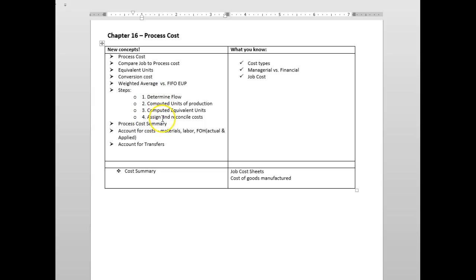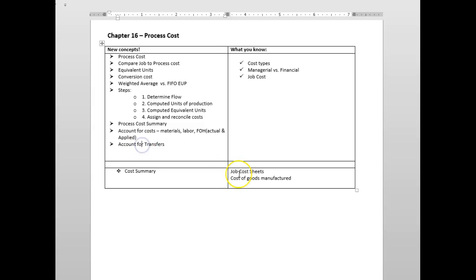When you get these 4 steps complete, you're going to be able to create a process cost summary. And you're going to account for cost in materials, labor, and factory overhead, actual and applied. So you've experienced all of these terms and the processes, but now you're going to look at it for a large group of like products rather than one unique product.